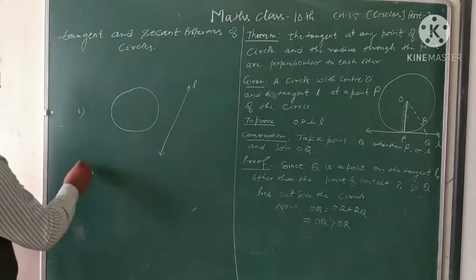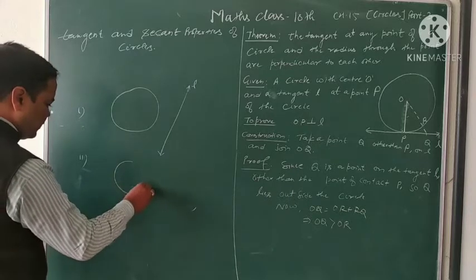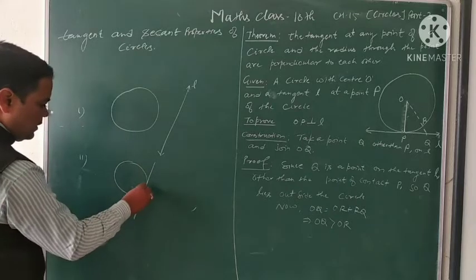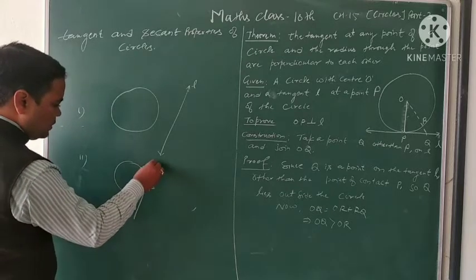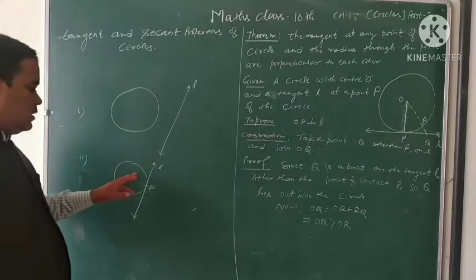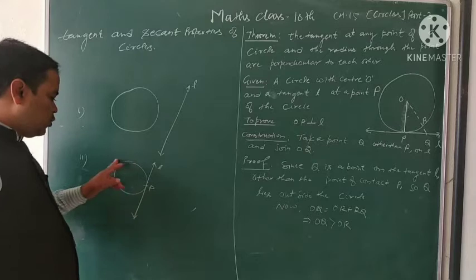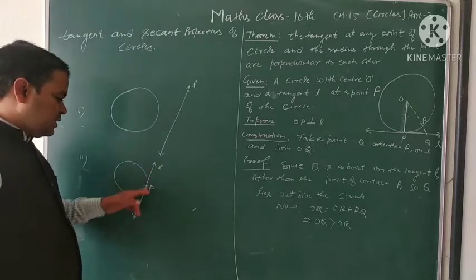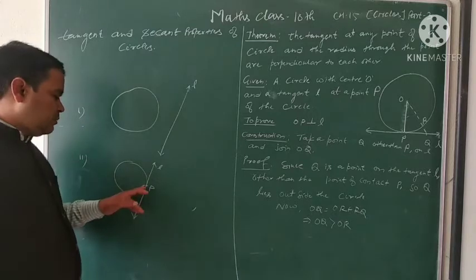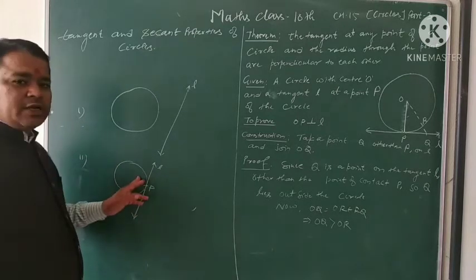Again, in the second case, if we have a circle and this is the line L. Here there is a point P which is common to both the circle as well as the line. It means there is only one point P which is in contact with the circle.